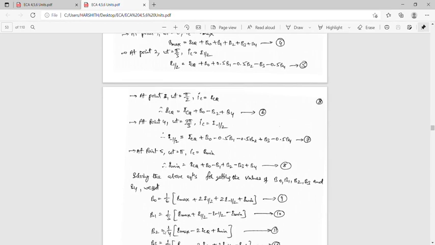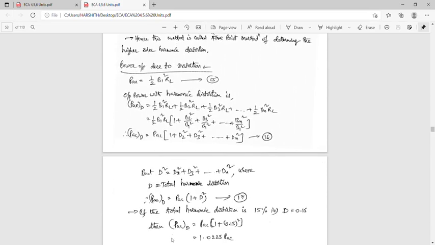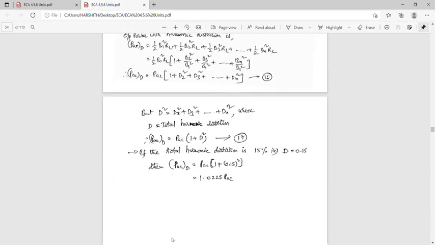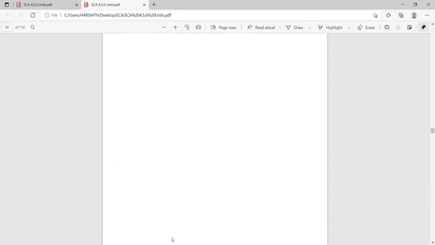Hence the harmonic distortion coefficients can be obtained as Dn equals Bn by B1. These are the harmonic distortions.